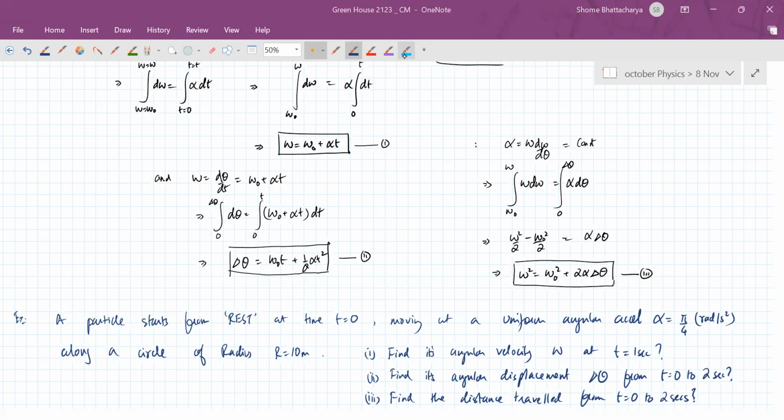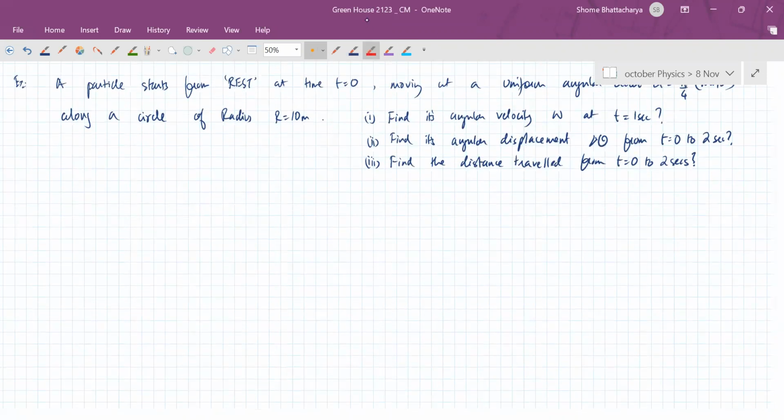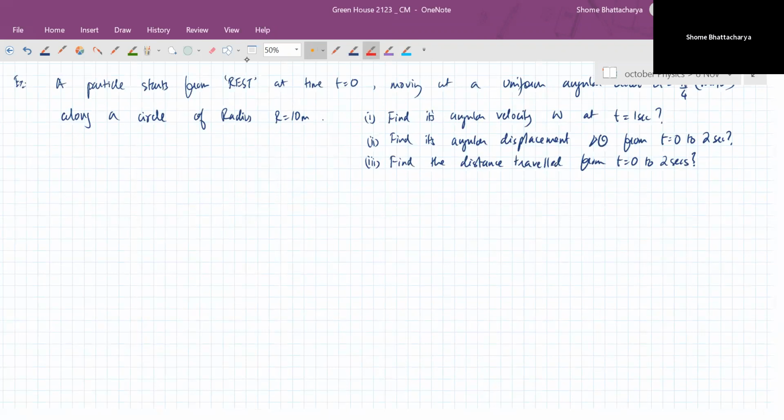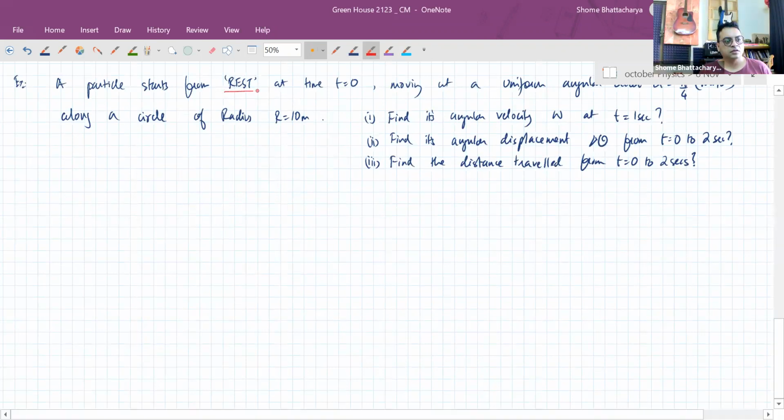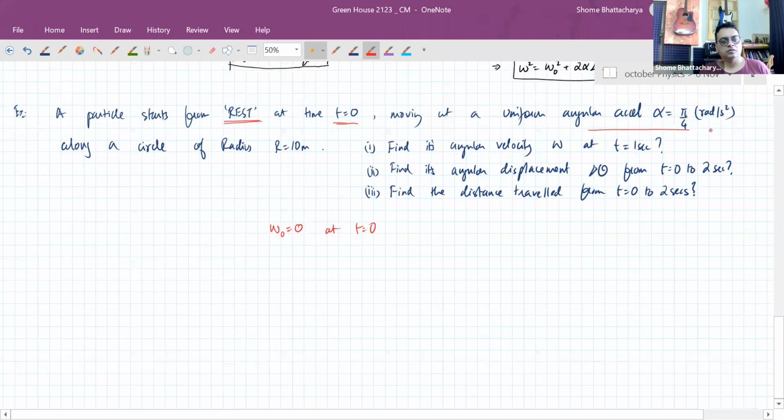Yes, Akshat, very good. That's correct. So you can see here the data we will substitute, because it is starting from rest at t equal to 0, so we'll take omega naught equal to 0 at time t equal to 0. Okay, and it has a uniform angular acceleration. This thing is uniform, that's important.